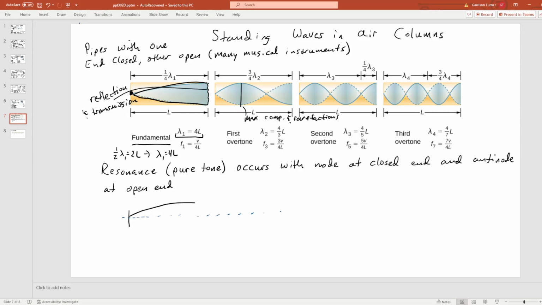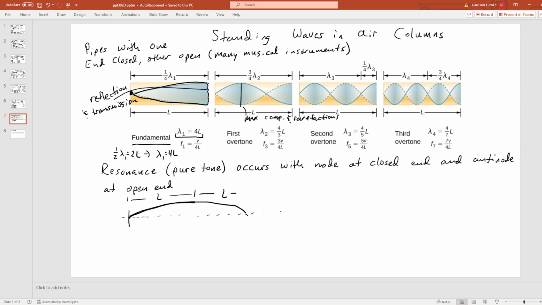So for one length of the pipe, I go from my node to my point of maximum amplitude, and then from my antinode, and this is length L, by the way. It took me length L to do that. And then it takes length L to go back down to the node.